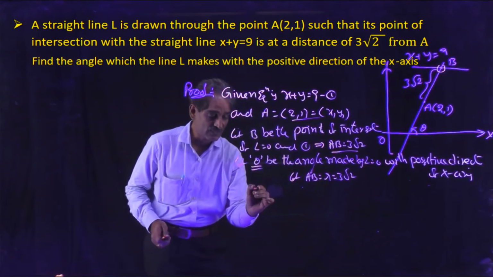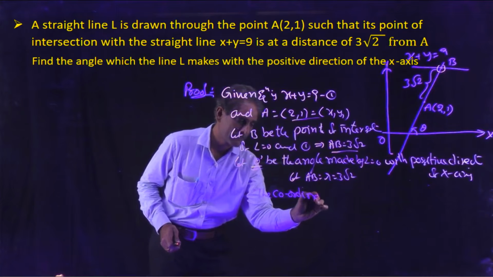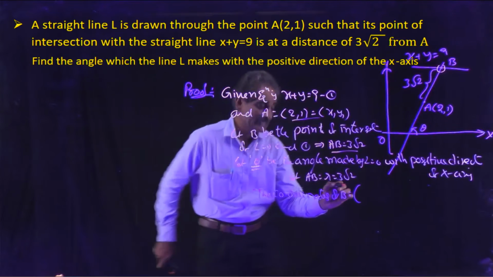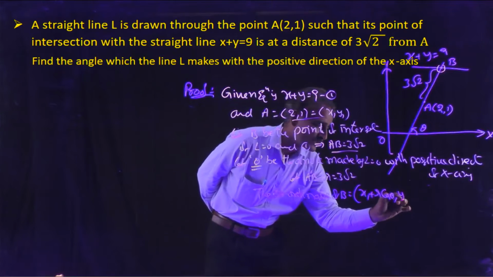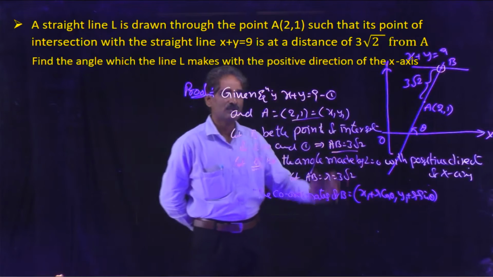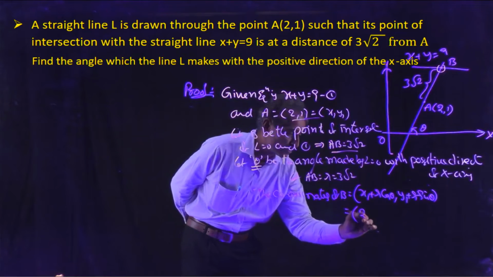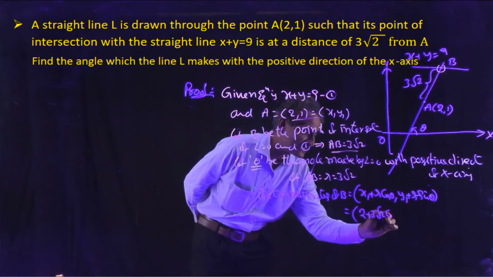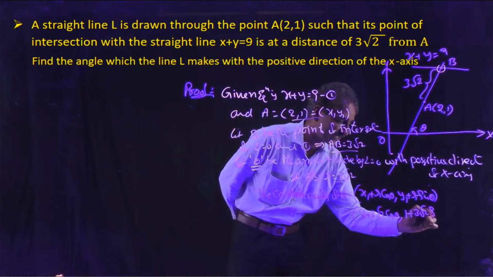Now the coordinates of B, what is the parametric form? x1 plus r cos theta, comma, y1 plus r sin theta. So now substitute the values. Here x1 is equal to 2 plus r, meaning 3 root 2 cos theta, comma, 1 plus 3 root 2 sin theta.